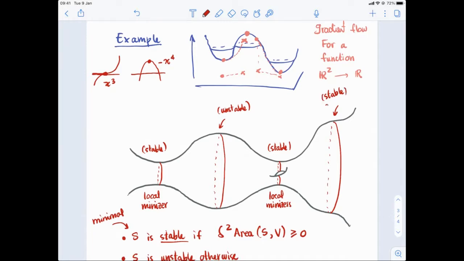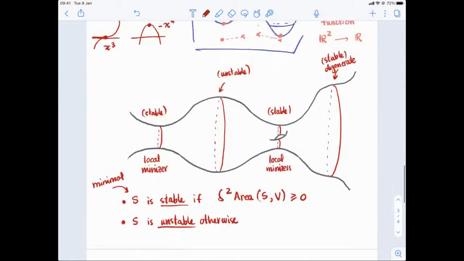So this is what we'll call stable degenerate, meaning that the first eigenvalue of the second derivative is actually 0. Okay, so these are just some examples of minimal surfaces, how I think about them.